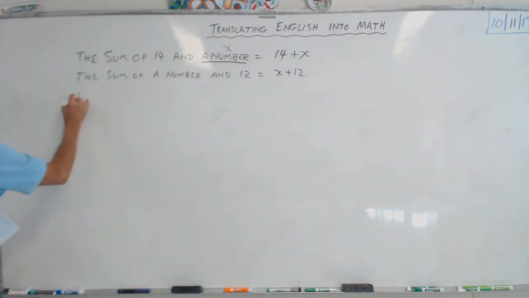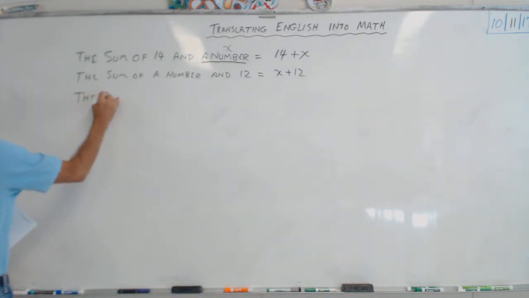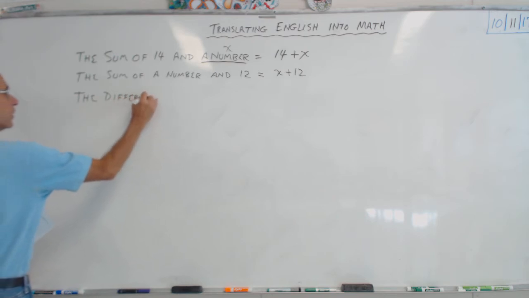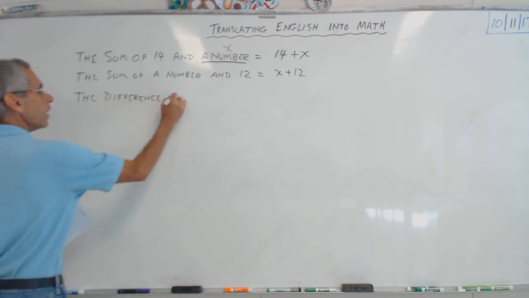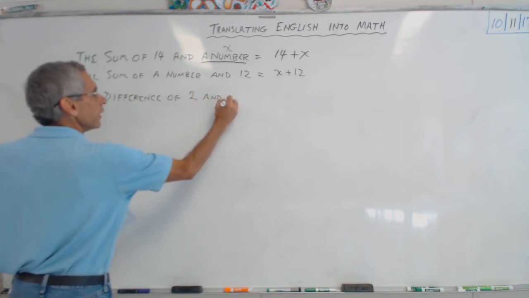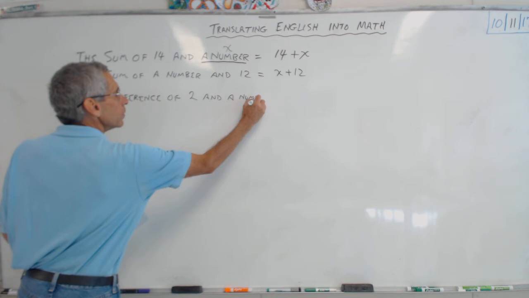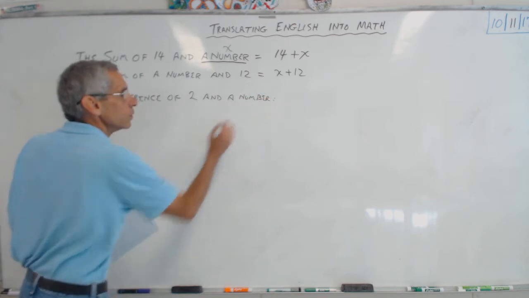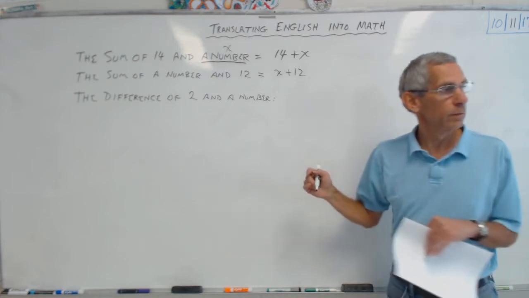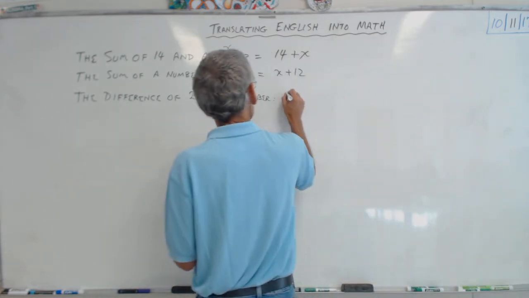What if I said the difference, and this is why I'm telling you, you've got to do exactly what it says. The difference of 2 and a number. So raise your hand, who's got one? Okay, Jaden. 2 minus x.